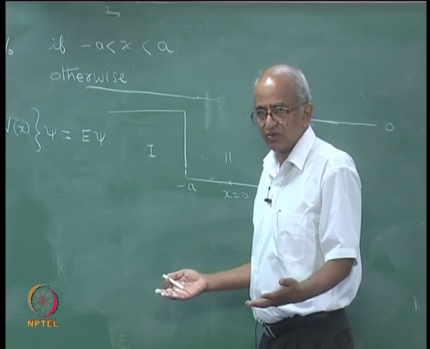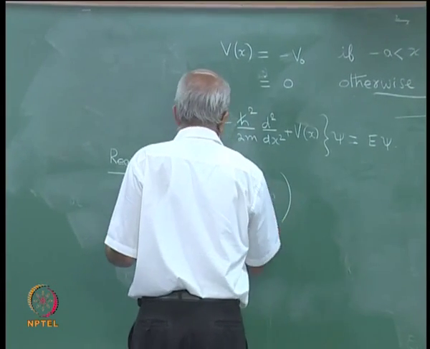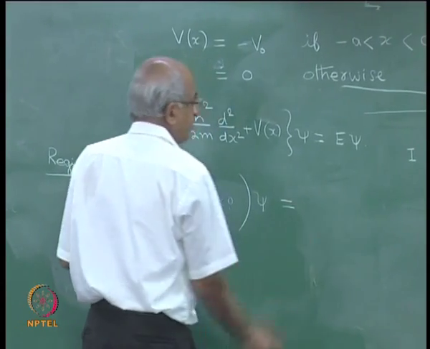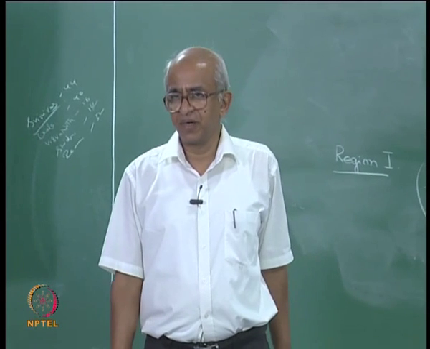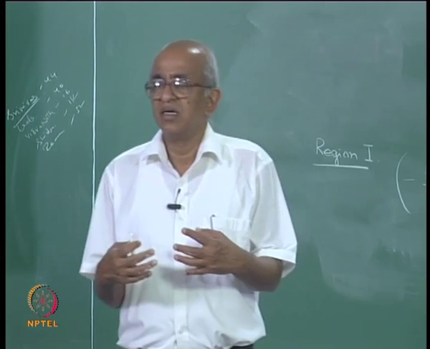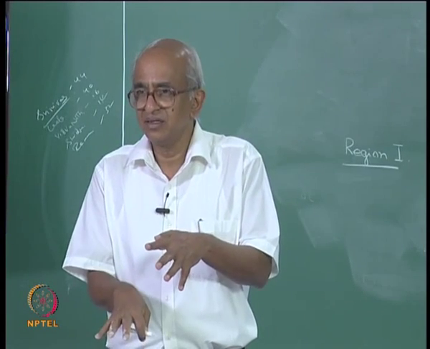It is 0. So, this plus 0 operating upon psi of x is equal to the energy of the particle multiplied by the wave function, but I told you that I am interested in the situation where the total energy of the particle is less than 0.